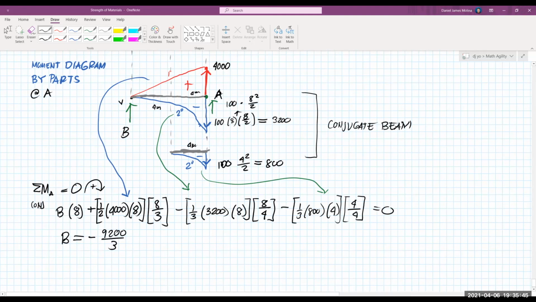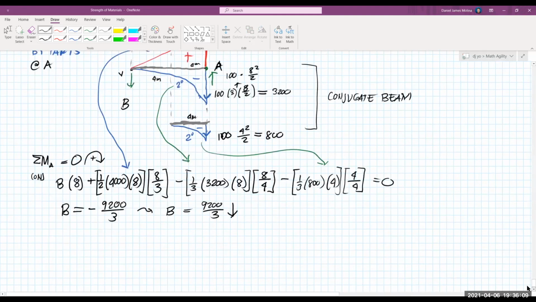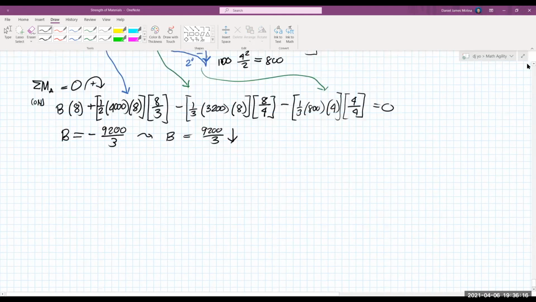Since it's a negative value, our direction is incorrect. So let's have a downward reaction at B. Therefore, the reaction at B is 9,200 over 3 downwards. This is the value of C sub 1 in our double integration method. So at least we are much more confident that our computation is correct.